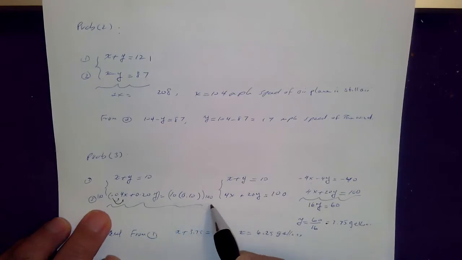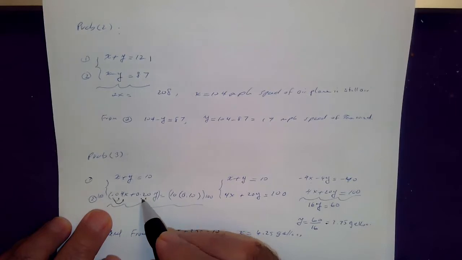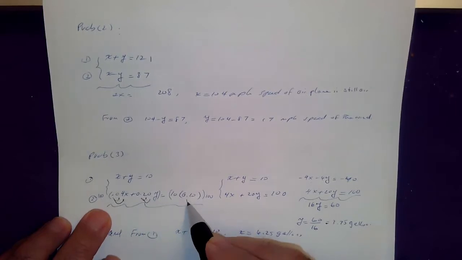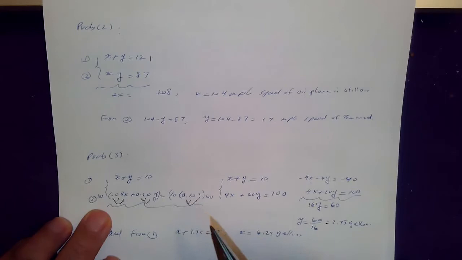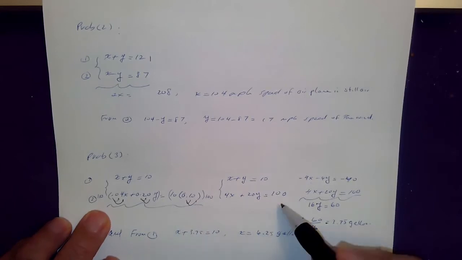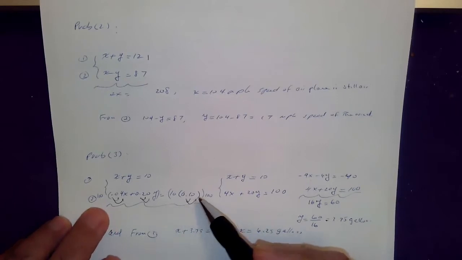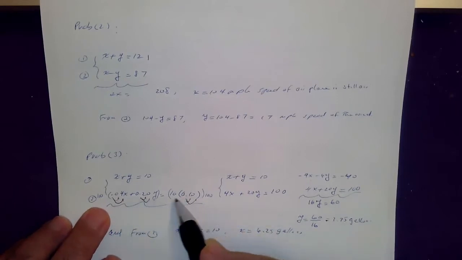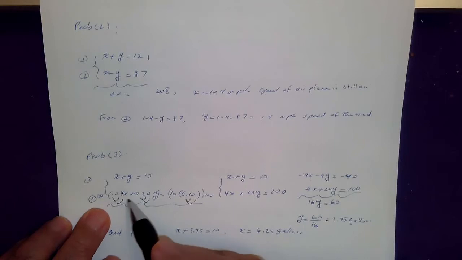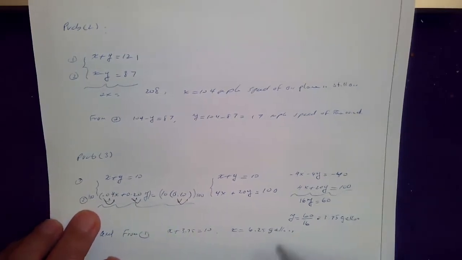Multiply both sides of equation number 2 by 100, and lo and behold, you get this. So why did I multiply by 100? Because each of these numbers had 2 decimal places.